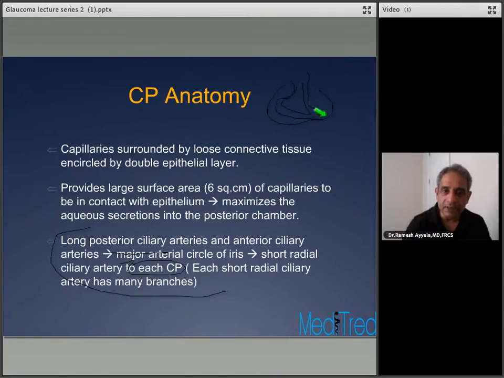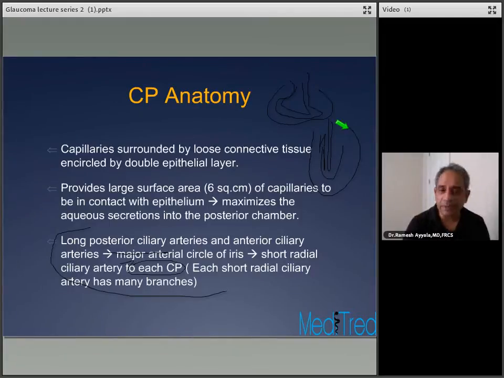Let me draw this again. If this is the process, this is the capillary, you have a layer of connective tissue surrounding this capillary, and outside of this is a double layer of epithelium. That's how this forms a ciliary process.